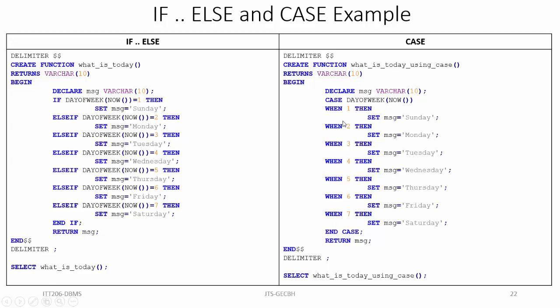Remember, the syntax is case, then a value, then the value is compared using the keyword when 1, then keyword, then the set keyword, since we are using an assignment statement. Similarly when 2, then set message equal to Monday, and so on, and at the end we give end case semicolon. This is how we write case statements. Remember these two syntaxes. Thank you.